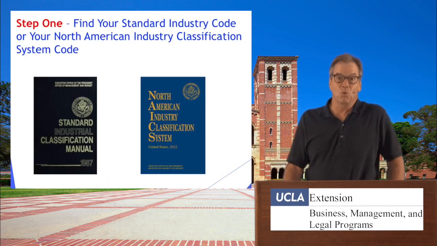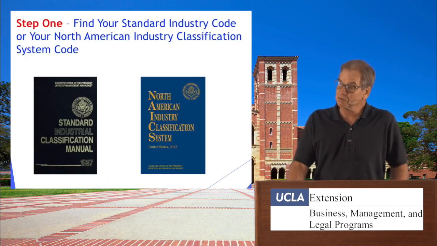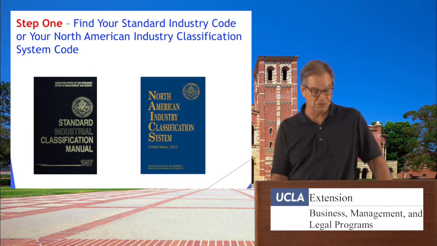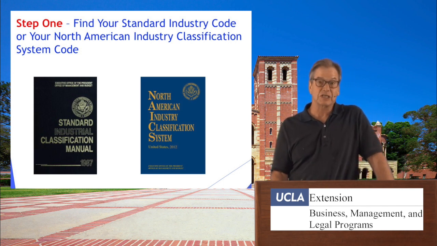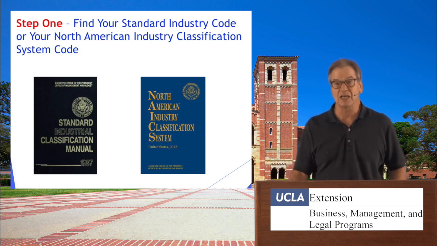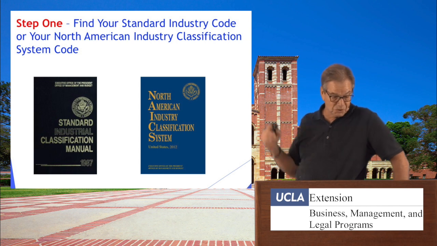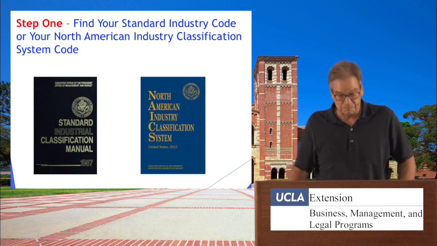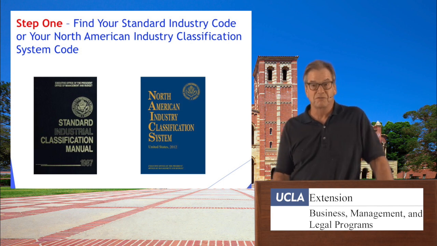So, step 1, we need to find a number that profiles the industry, called our SIC code number, which means our standard industry classification number. And we use the standard industry classification manual to find this number. It's very easy to find.